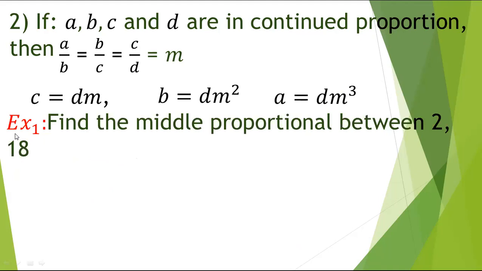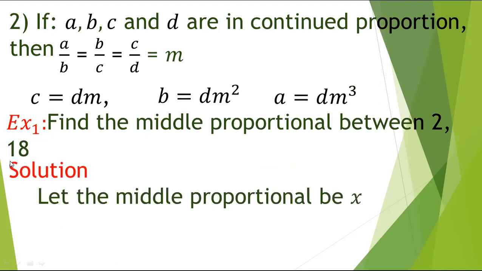Example number 1. Find the middle proportion between 2 and 18. The middle proportion is missing here. Let the middle proportion be x.